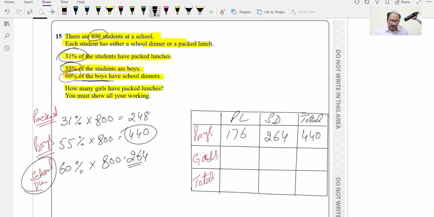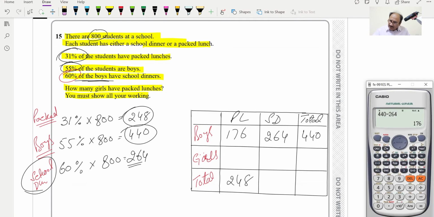Similarly we can utilize the information for this one. Packed lunch total is 248. So we can check for packed lunch for girls, and that will be 248 minus 176.